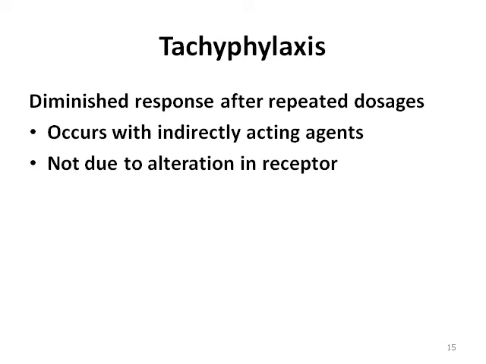So what happens with tachyphylaxis is it's not that you get a change in receptor numbers like you do with downregulation, but instead you deplete the transmitter. The drug is producing its effect by releasing transmitter, so you have to replenish the transmitter.